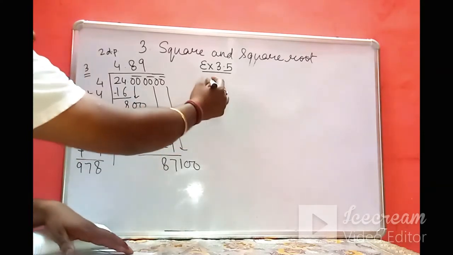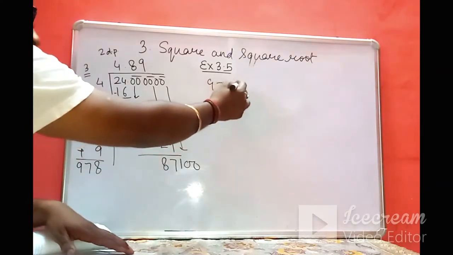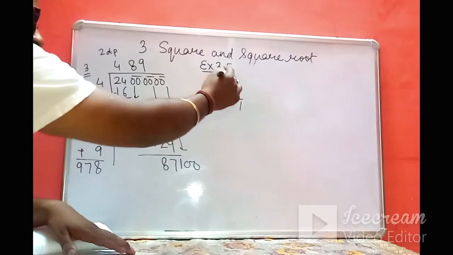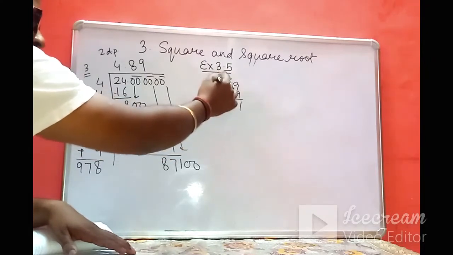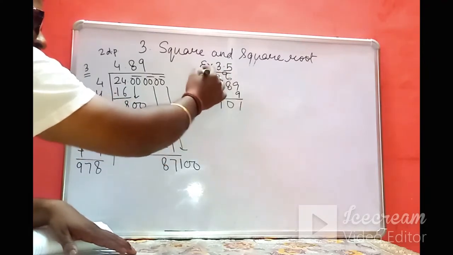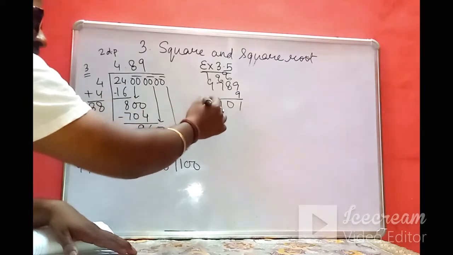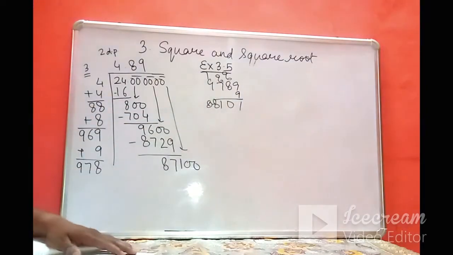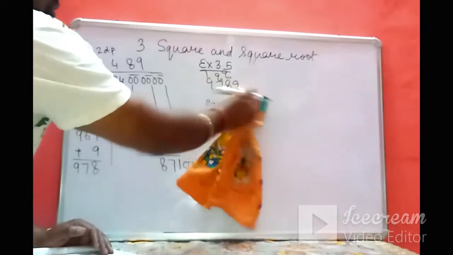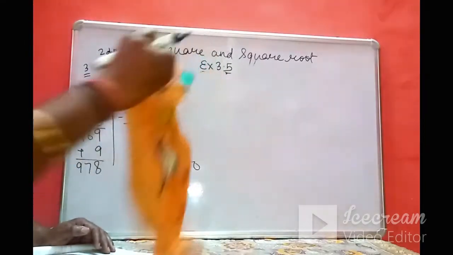Then again let's check for 9. 9 7 8 9. So 81, 8, 72, 8, 80, 63 and 8, 71, 7, 81 and 8, 88. So it is bigger than 87100. So that means what number do we have to use? We have to use 8 here only. So I will write 8.